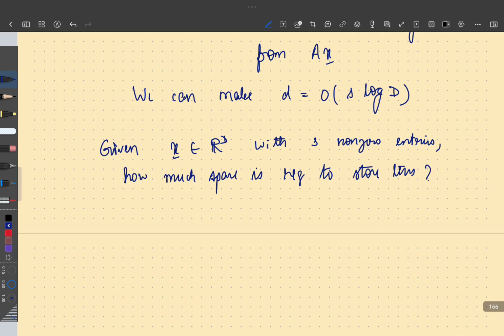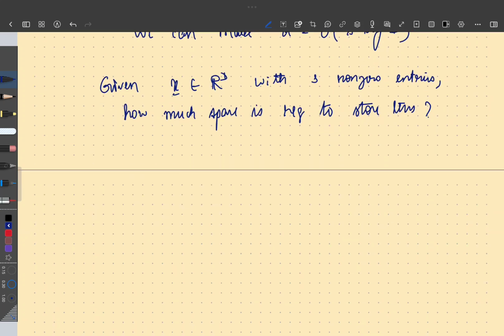Correct. So basically one approach is you store the locations of the S non-zero entries and then store the values of the S non-zero entries. You separate these two out, right? So you need to store S real numbers and S locations. You form a table with rows where you have the location and the entry.